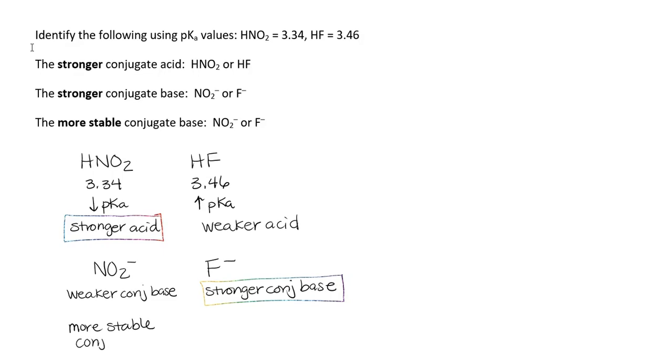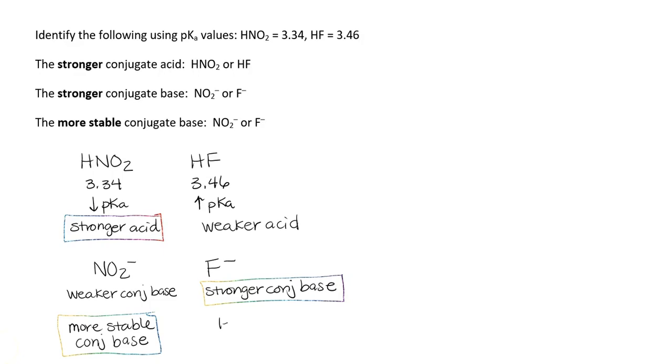And that's because a weaker conjugate base is less likely to react and go in the other direction because it is more stable. So these comparisons always hold. So the answer to this final question is that nitrite is the more stable conjugate base.